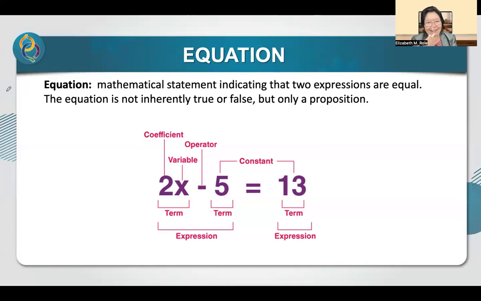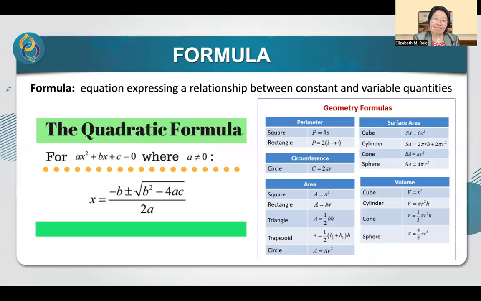So let me repeat, the constant that is associated with the variable is called the coefficient, and the numbers are the constants. So an equation is composed of different terms of an expression with an equality sign. So that's an equation.